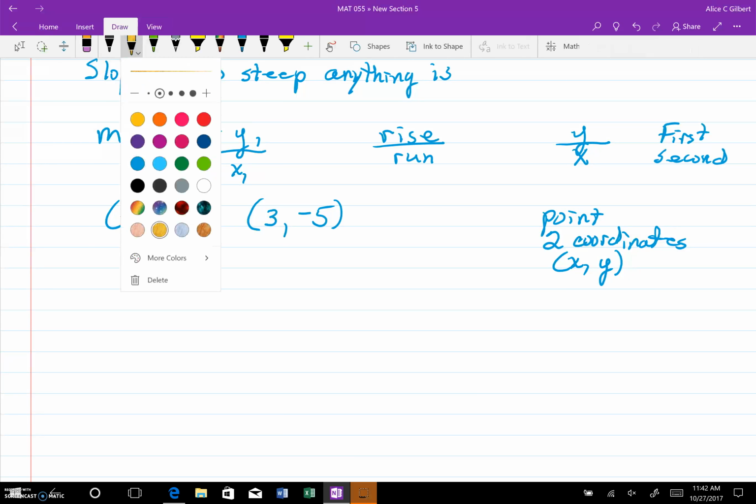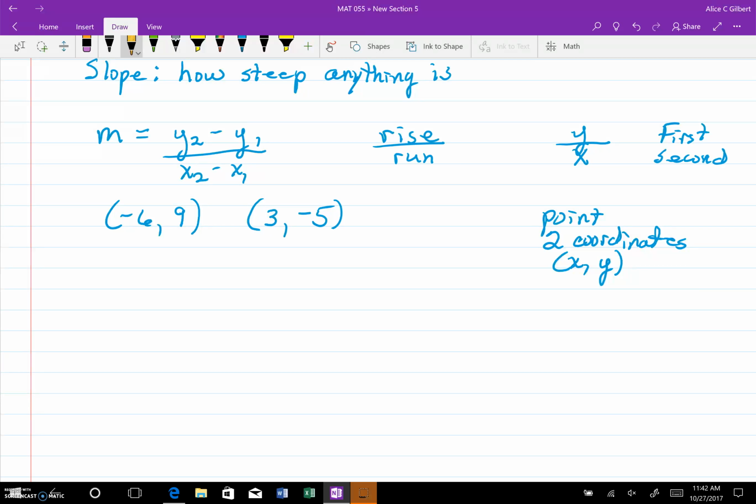So now, in order to be able to use my formula, I need to know which x and which y I'm using. So I'm going to label these as x sub 1 and y sub 1. That's my sub 1 point. And x sub 2 and y sub 2. That's my sub 2 point. If I had 15 of these, I would keep going.